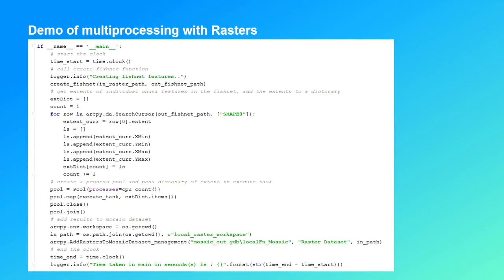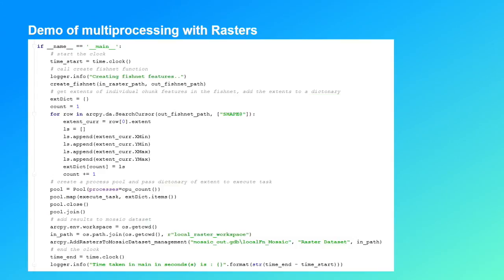Once I've created this dictionary of extents for these individual partitions, I am creating a processing pool using the pool function from the multiprocessing module. Here I'm creating a pool equal to the number of CPUs I have. And then to that pool, I'm mapping my execute task function. We'll look at that shortly.